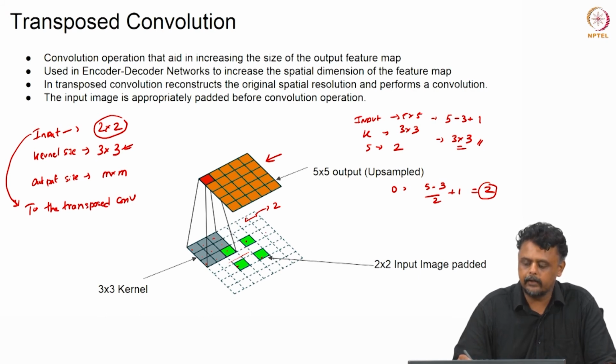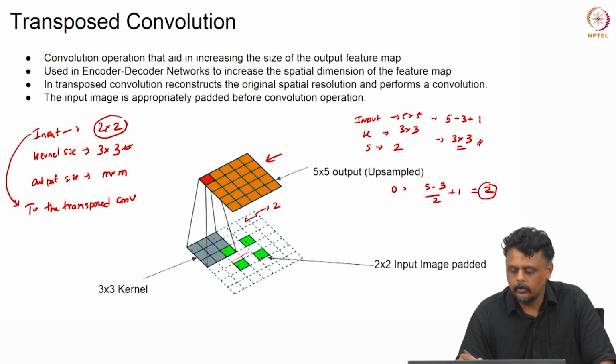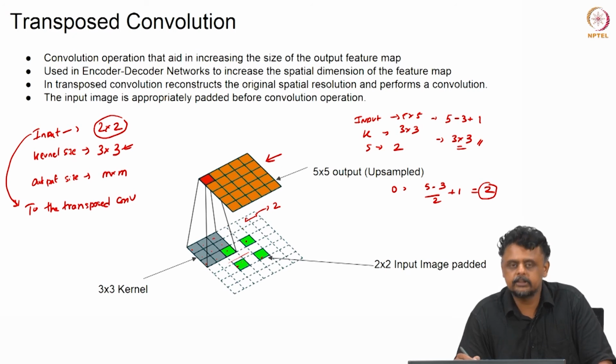So, we have a padding of 2 in order to get the appropriate size feature map, and your stride is again 1. If you do the convolution as a naive, usual convolution with this particular input size, then you will end up with your 5 cross 5 feature map.